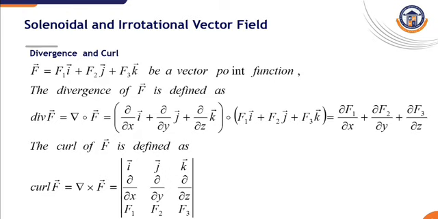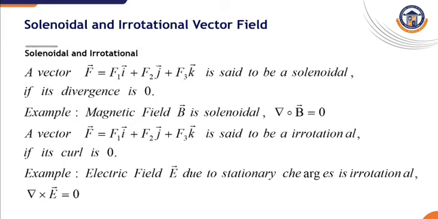That is written as the determinant of the matrix with rows i, j, k; dou by dou x, dou by dou y, dou by dou z; and F1, F2, F3. Now the definitions: a vector F, F1 i vector plus F2 j vector plus F3 k vector, is said to be solenoidal if its divergence is zero.